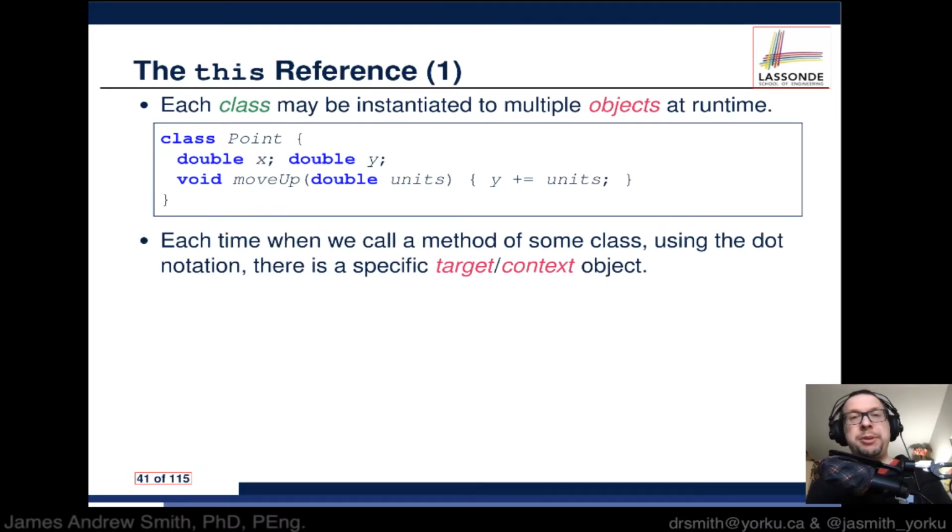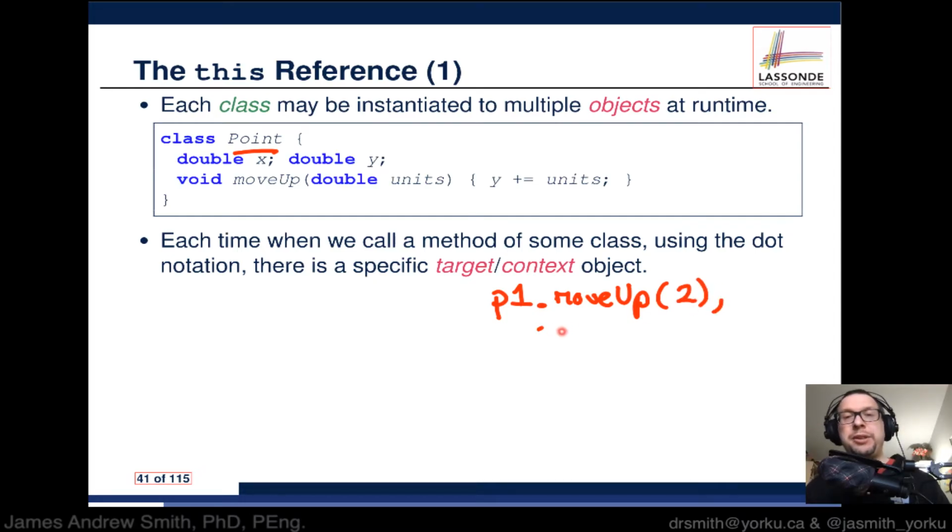All right, so each time that we call a method of some class, when we're in an object, using the dot notation, that means that we're going to be talking about specific targets for that object. So, here's the specific object, p1, which is of type point, and then we would have a method, say moveUp, that would be called, and we put a value 2 in it or something like that.